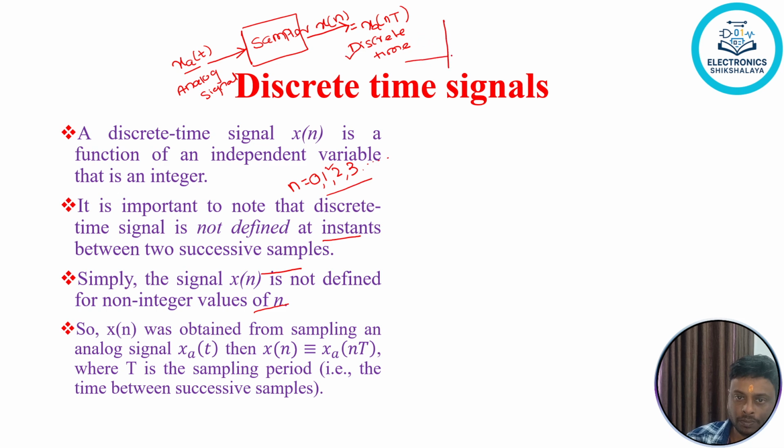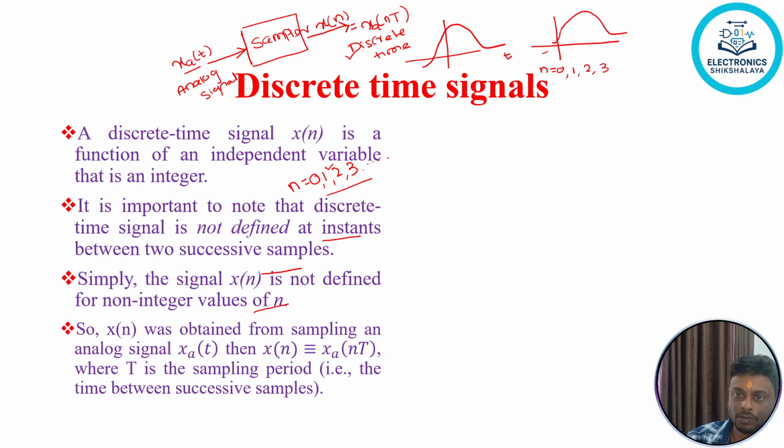Suppose this is our analog signal of time t. What we are doing is, at regular intervals of time, suppose n equal to 0, 1, 2, likewise, we take the samples.